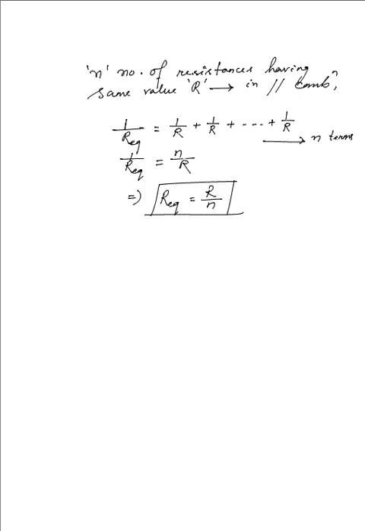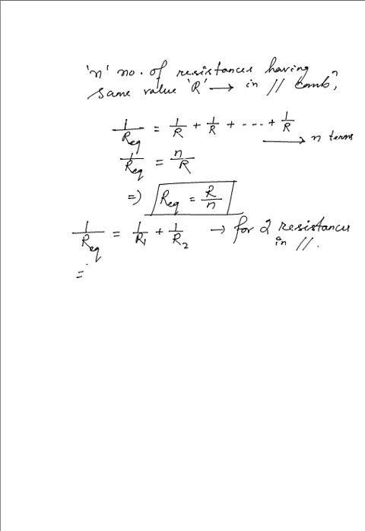Now in case of two resistances connected in parallel, we just have a simple and direct formula which will be helpful in solving numericals. If we had two resistances connected in parallel, then we have 1 by R equivalent equal to 1 by R1 plus 1 by R2 for two resistances in parallel.